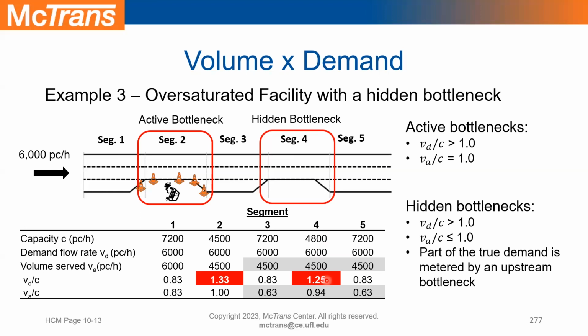And when it comes to real world applications, to fix an active bottleneck, you make sure that hidden bottlenecks are not going to be activated. So this was perhaps one of the most important points that I wanted to talk about in this course: the difference between demand and volume served, and the unique ability of HCM to find hidden bottlenecks.